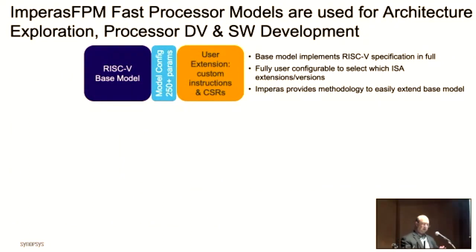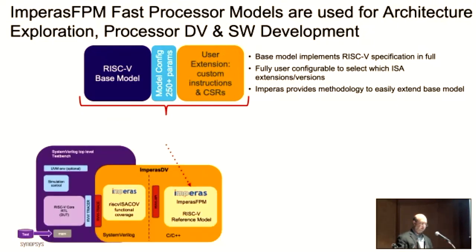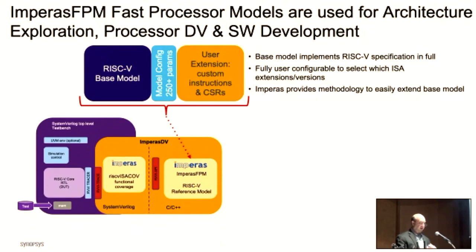So we take that model, this base model with the configuration, with the user extensions, and because it is built using the same APIs, it looks like a single reference model to the tools. And then it gets used for processor DB. And we see here not just the reference model, but also functional coverage.